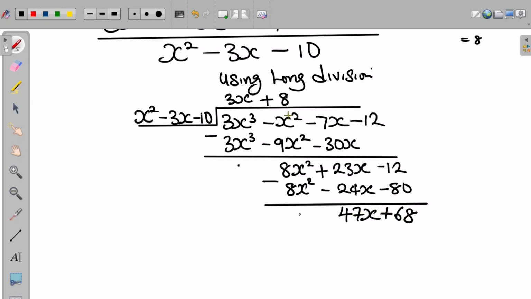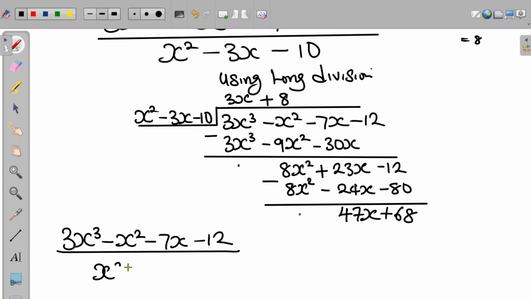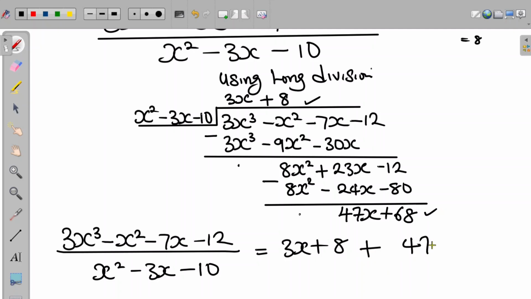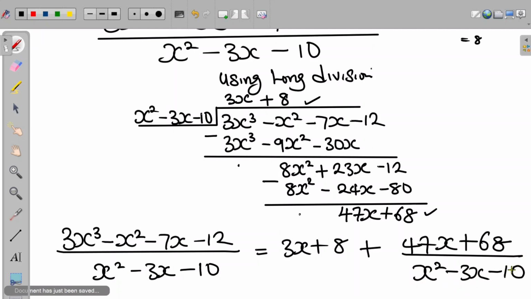So at this point, we have been able to reduce the numerator. Therefore, our compound fraction (3x^3 - x^2 - 7x - 12) divided by (x^2 - 3x - 10) is equal to the quotient, which is 3x + 8, plus the remainder, which is 47x + 68, divided by x^2 - 3x - 10.